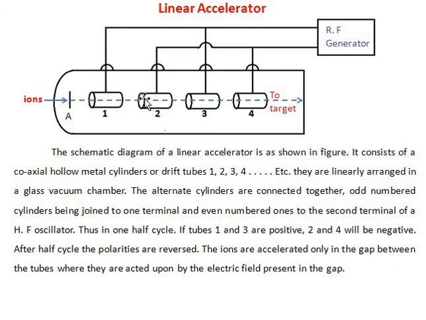Again it enters tube 2, and as soon as it exits from tube 2, tube 2 becomes positively charged and tube 3 becomes negatively charged. So the cycle of the radio frequency oscillator is so adjusted that as soon as the ion exits from one tube, it becomes positive and the next tube becomes negative.